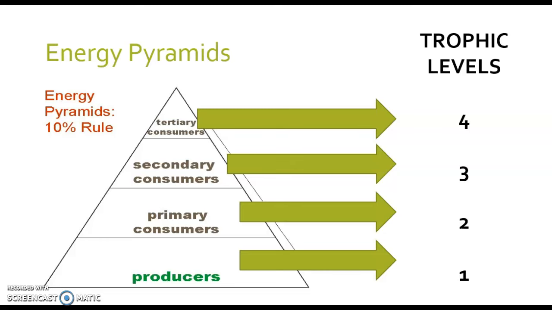Well, 1, the amount of energy that is going to be found in that level. And 2, the number of organisms that's going to be supported in that level. So, producers will always have the highest number of organisms and will always have the highest amount of energy. And that makes sense because producers get their energy directly from the sun.